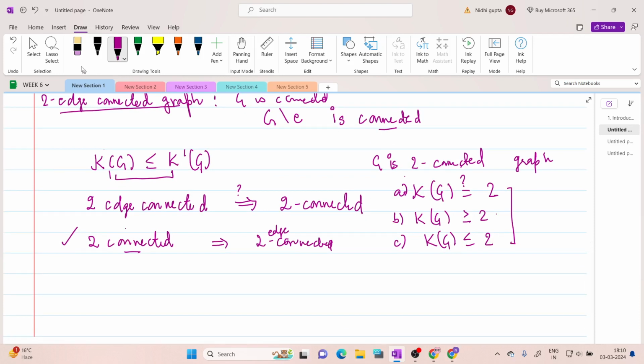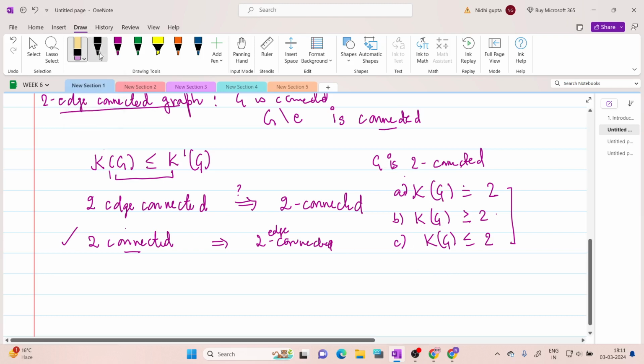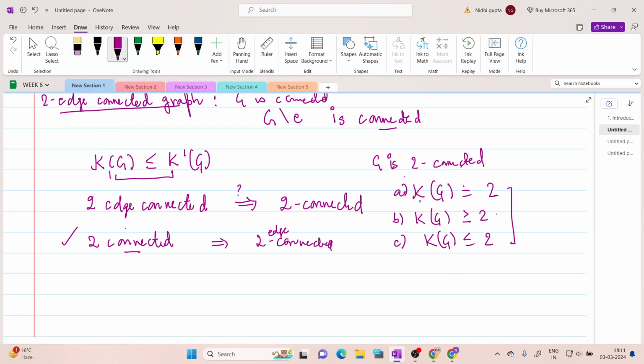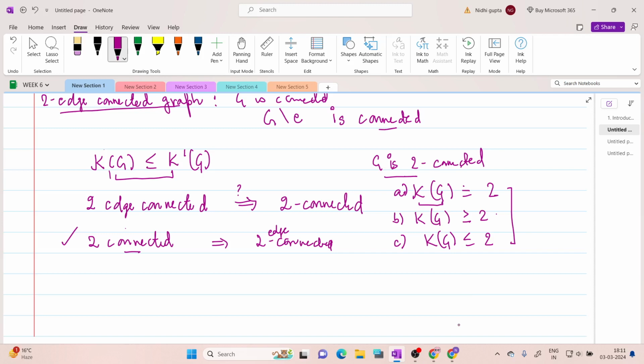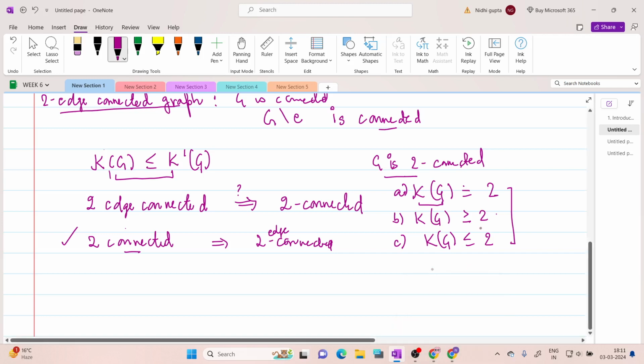What is the relation between connectivity and K connectedness? We know that vertex connectivity is the largest K for which G is K connected. So if G is 2 connected, what can we say?